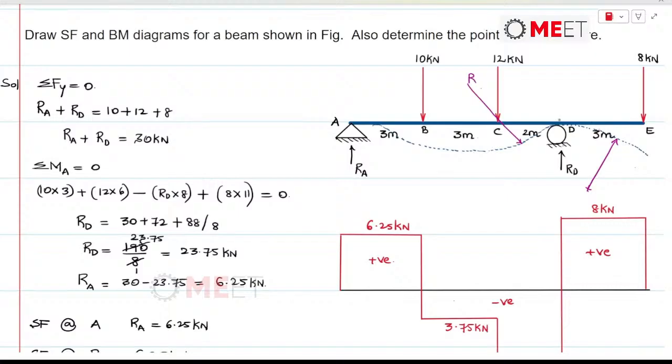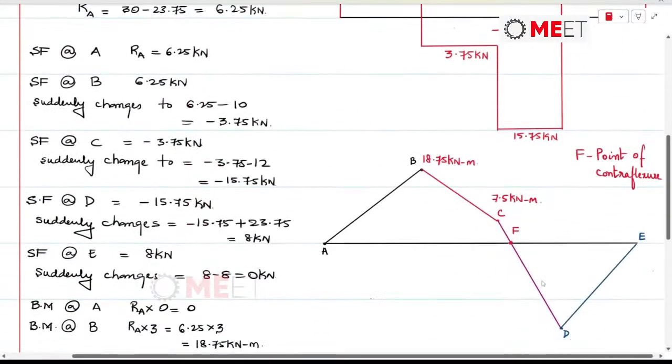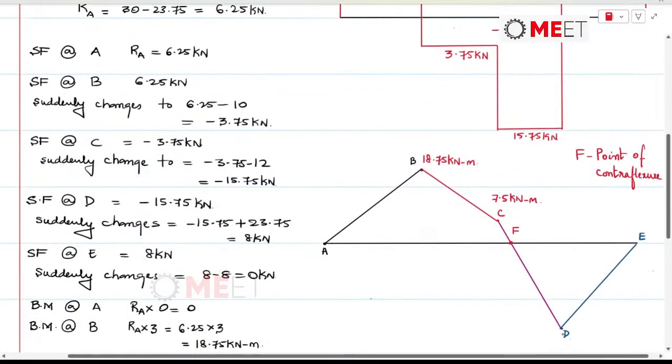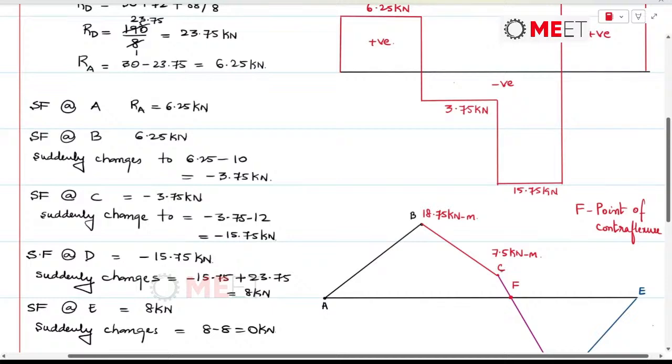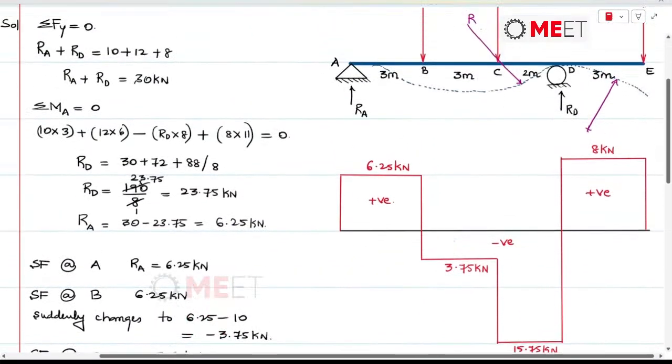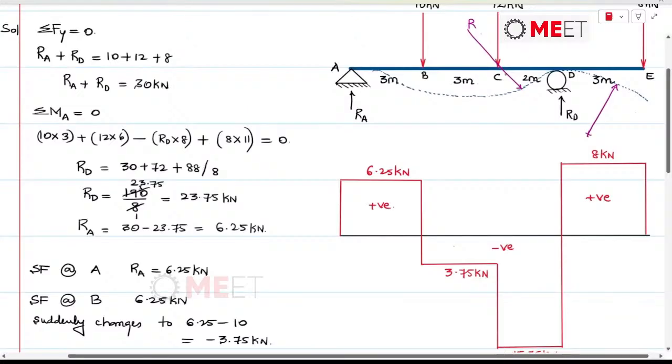Or whenever you find a wave kind of deformation, there the point of contraflexure is definitely going to exist. So if you want to mark it, from point E, the bending moment at E is 0, at D it is negative, and at C it is becoming positive, which means between D and C the point of contraflexure is likely to exist.